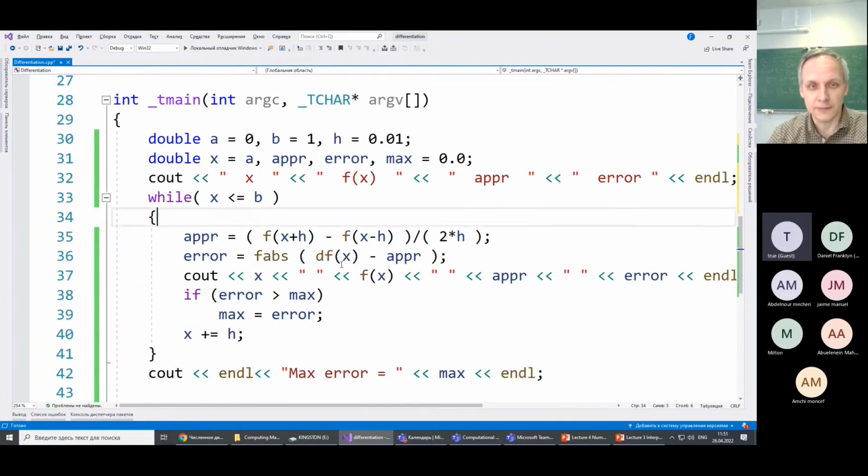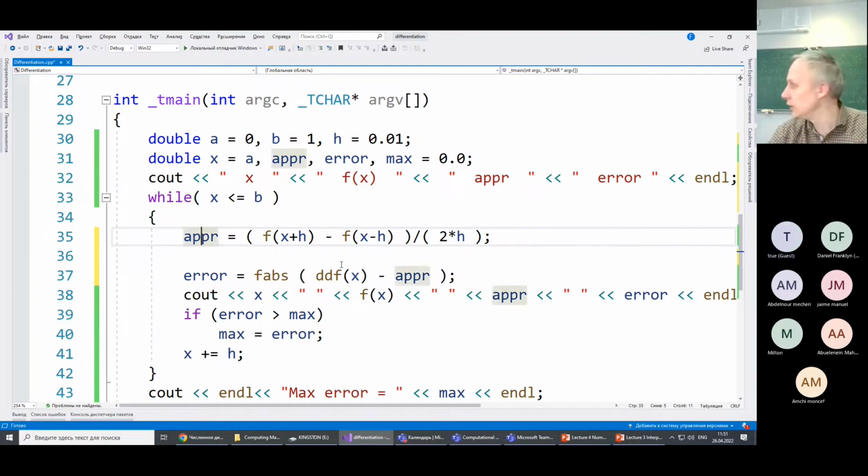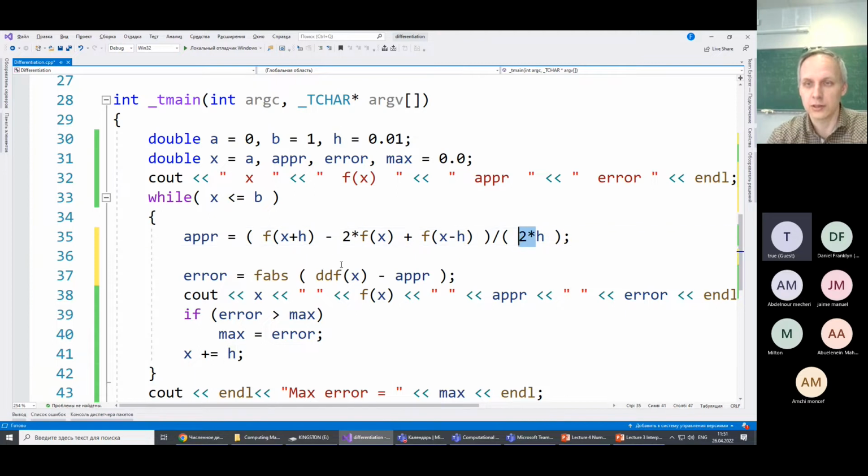Okay, now let's use here df of x, and for the approximation, let's use this 3-point formula for the second derivative: f of x plus h minus 2 times f of x plus f of x minus h over h squared.